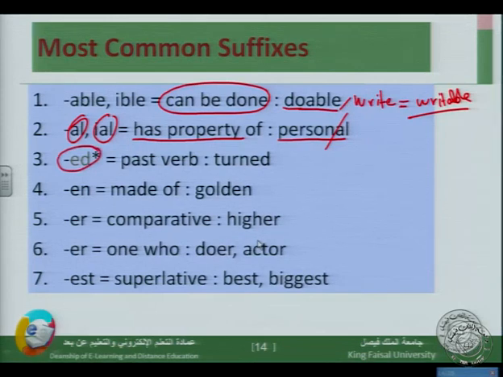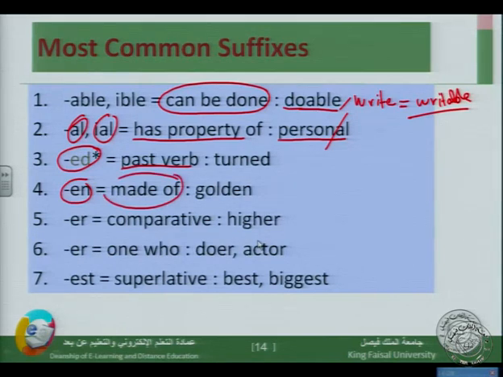We've already discussed this one, where we add ed. Whenever we add ed to some of the verbs, then you change it to past verb. The suffix en means made of.